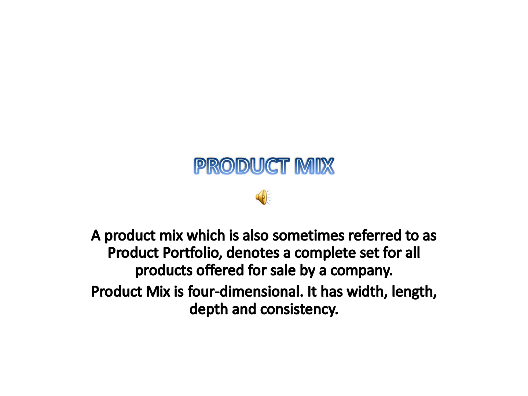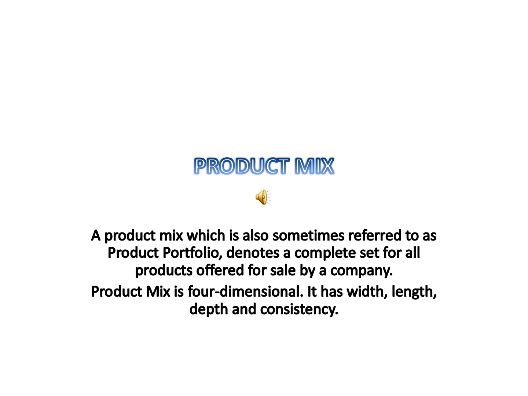For example, if we take a similar example, Hindustan Unilever's personal care products. So the product line of Hindustan Unilever's personal care products include Dove, Lux, Lifebuoy, Sunsilk and Pepsodent. So this is the length of the product line or the product mix.